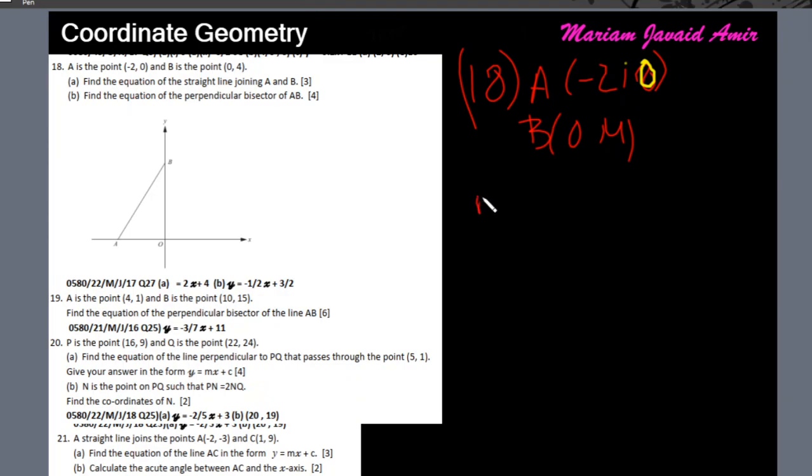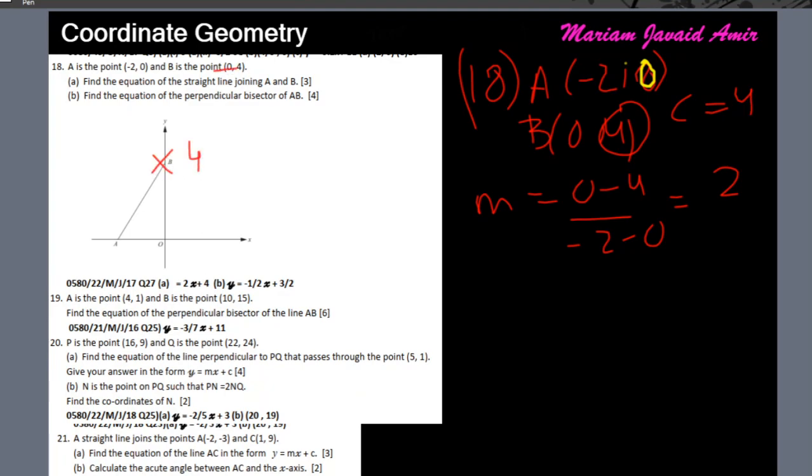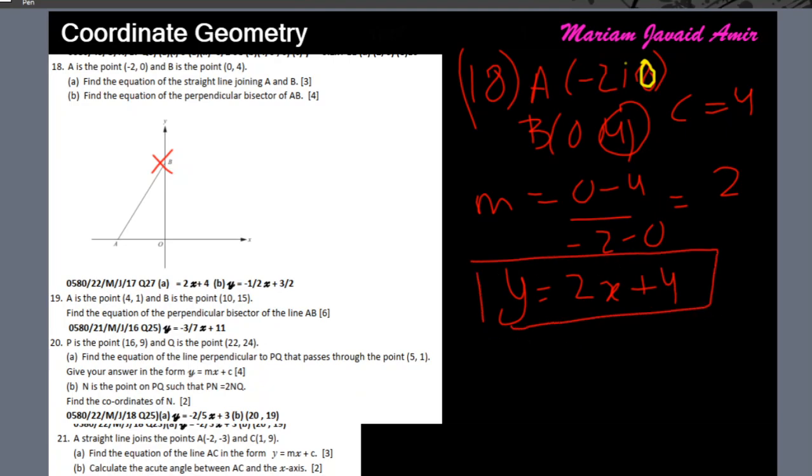So m is y2 minus y1 over x2 minus x1, which is 4 minus 0 over 0 minus minus 2, which is 2. And c very clearly from here is 4, because point B is 0 comma 4. Okay. So y equals 2x plus 4 is the equation of the line for part 18a.